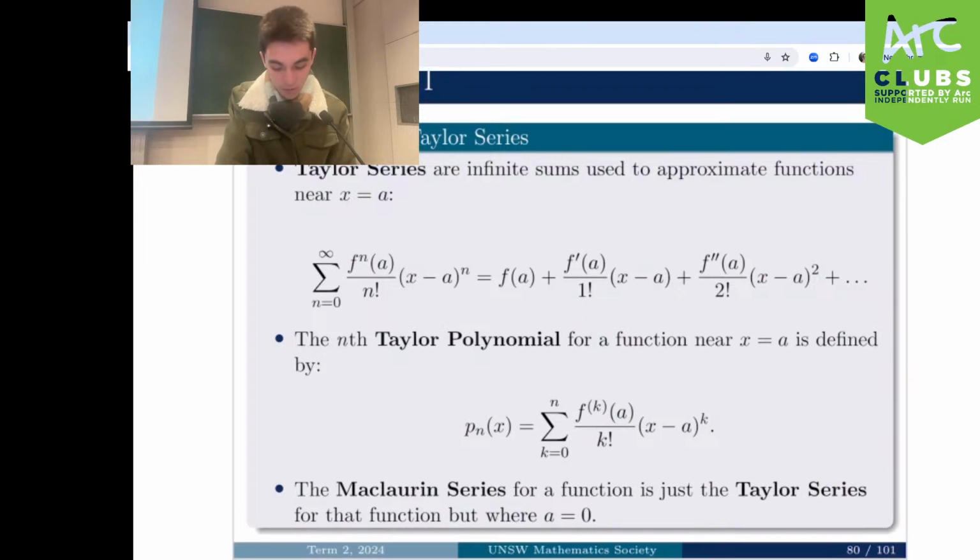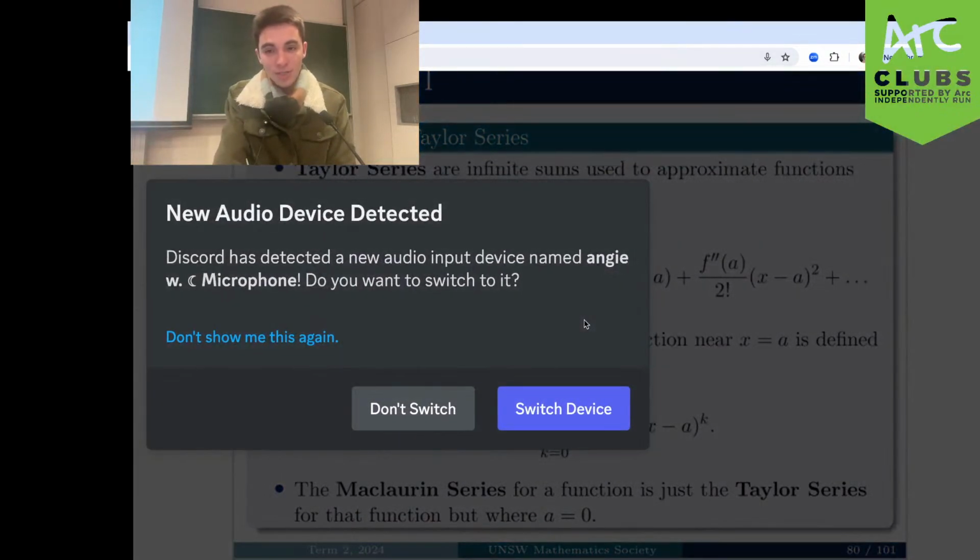If you don't want to go infinite and you only want a finite polynomial, then you can refer to it as the nth Taylor polynomial for a function near x equals a, and it's defined as just the sum of the first n terms of the Taylor series. This is how you write it in shorthand with summation notation.